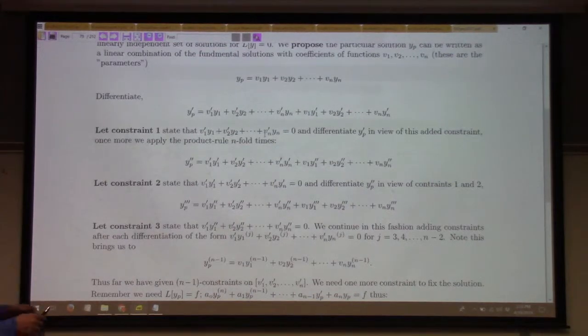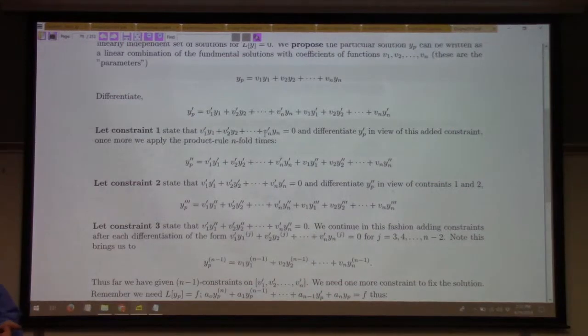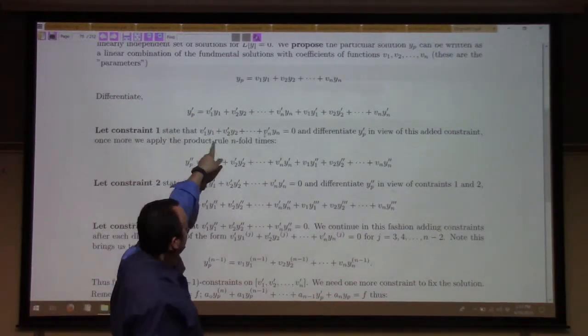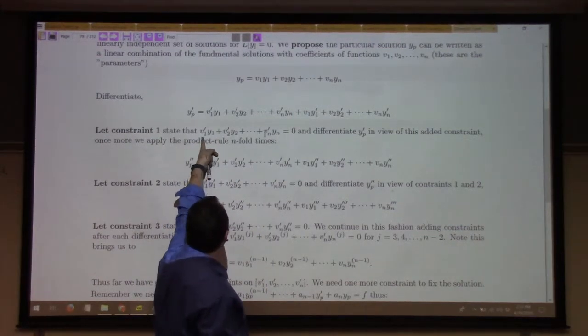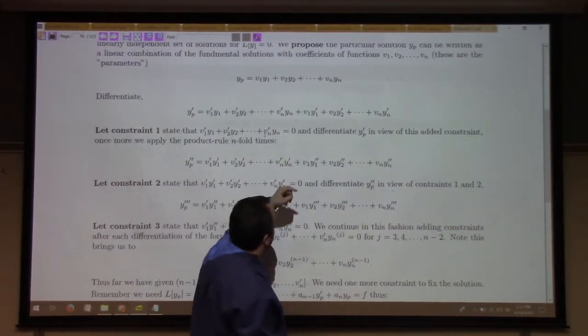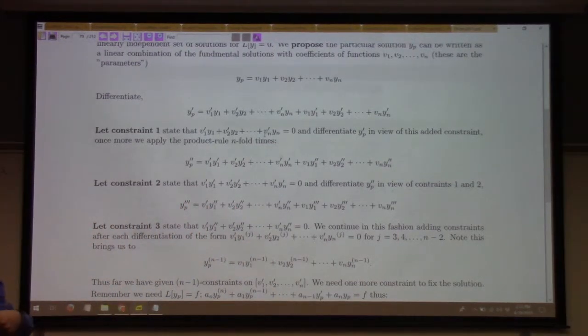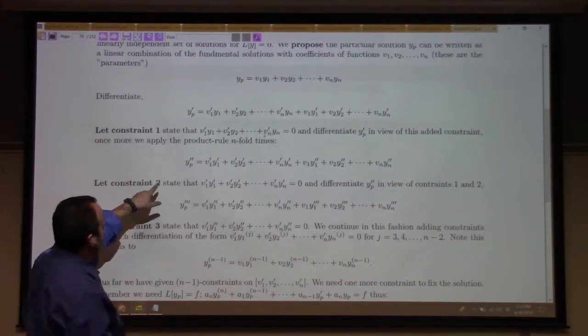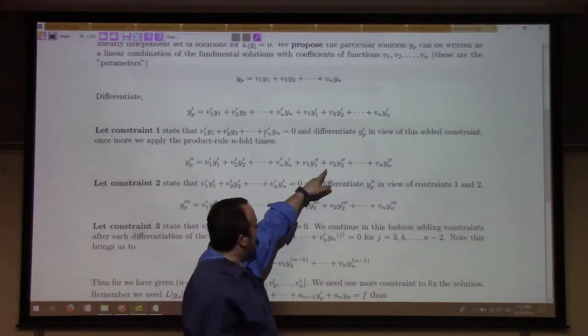And so to make this a solution, I differentiate it, all right? And that gives me that. And then I say, okay, let's make constraint 1 be that all of this is equal to 0. If I do that, it keeps me from getting higher order derivatives in the parameters. And then if I differentiate again, y_p prime gives me this, all right?